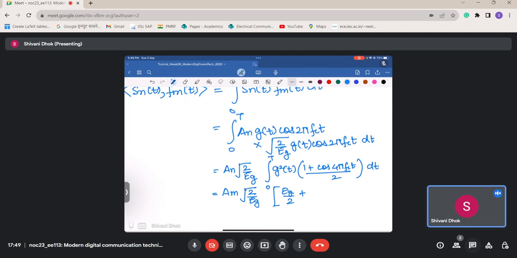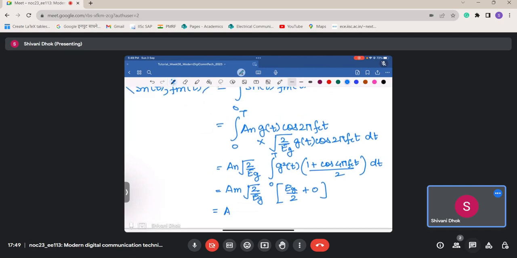We assume that this g(t) is very slowly varying, so it won't be affecting this cos 4 pi fc t much. So the second integral, 0 to T of cos 4 pi fc t, will be approximately 0. So this comes out to be An root Eg by 2. This is not Am, this is An.